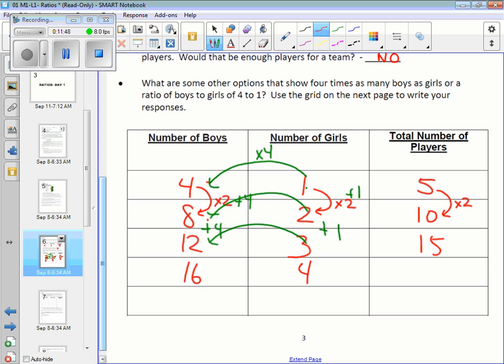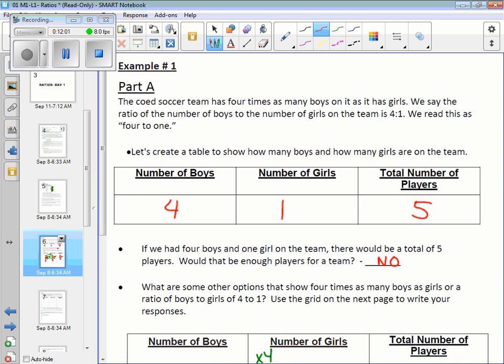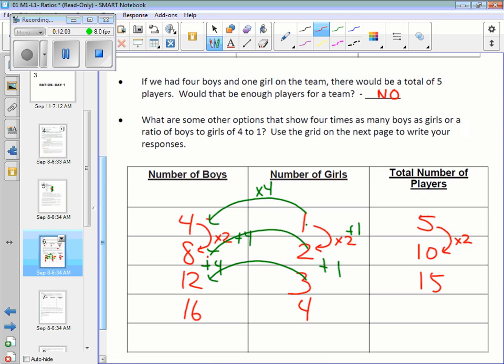I showed you how you can do it by an additive pattern. I'm going to show you something a little bit later down here called a tape diagram. There is more than one way to do something and still get the answer right. And you're going to find, I'm going to give you multiple strategies, and you're going to find the way that works best for you. Let's complete our table.